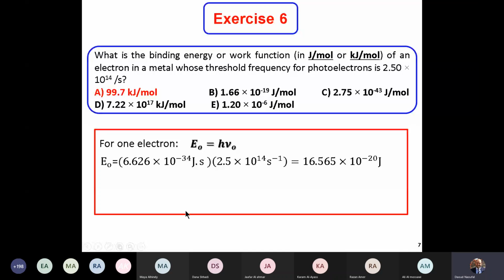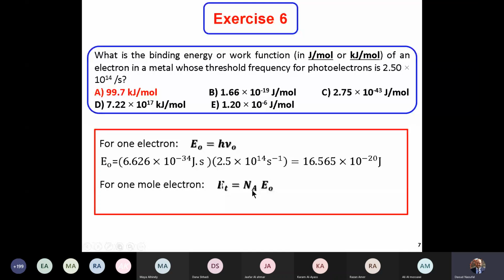For 1 mole of electrons, we have to multiply by Avogadro's number because this is at the macroscopic scale. So the binding energy for 1 mole of electrons equals the binding energy for 1 electron times NA, 6.023 × 10^23.